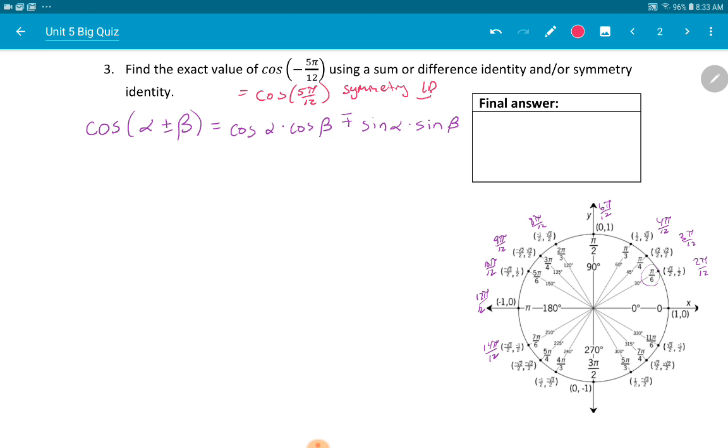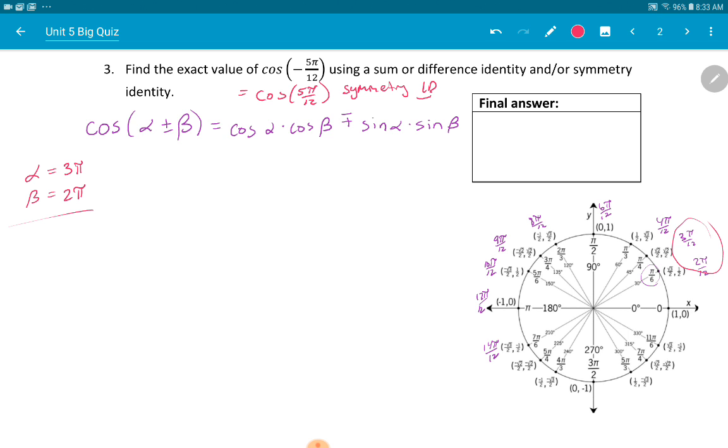I'm going to do positive 5 since it pops out to me. If I get 3 pi and 2 pi, I get positive 5. So one option is alpha 3 pi, beta 2 pi, and I could switch those since it's addition.